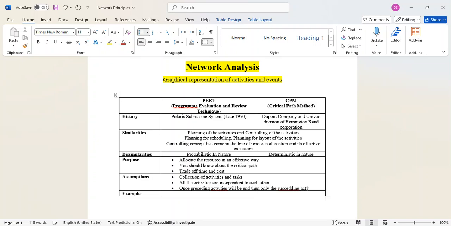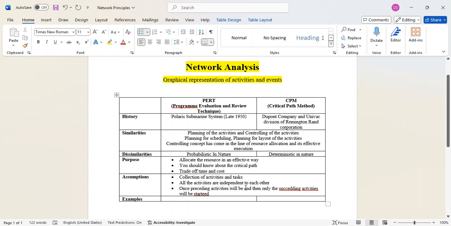Succeeding activities will be started, or you can say the better term is finished.